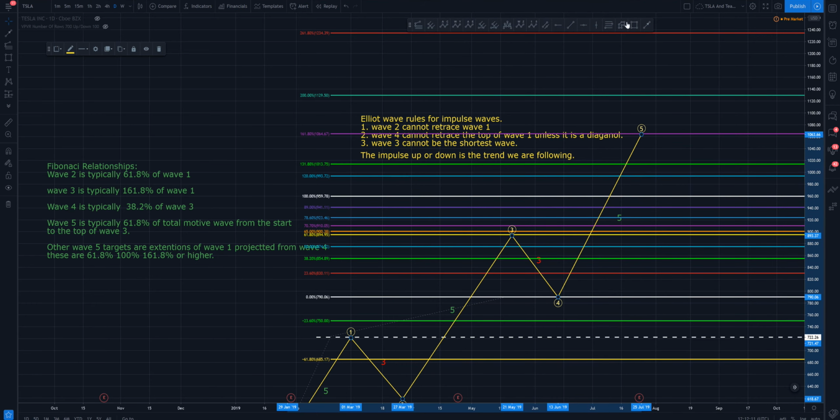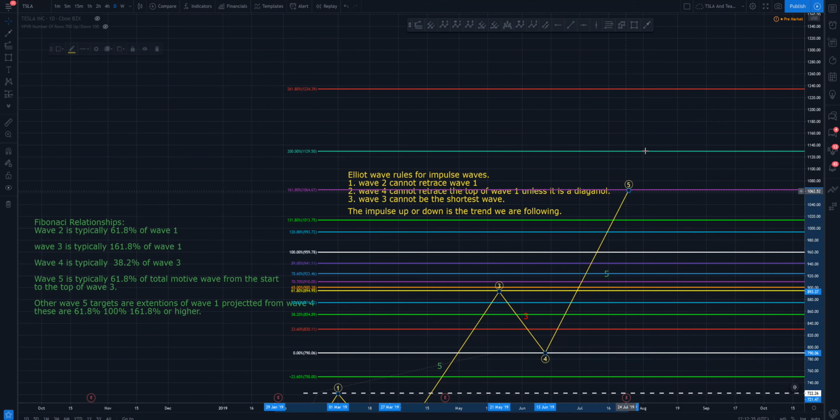Now, this box here, between the 100 and 1.618, in the middle of this box was our projection of the total length of 1 and 3 that we did earlier, projected from 4 as a 61.8% extension of that total length. So you've got quite a big area where the wave 5 could end and settle, but there's no reason why it can't go beyond that.